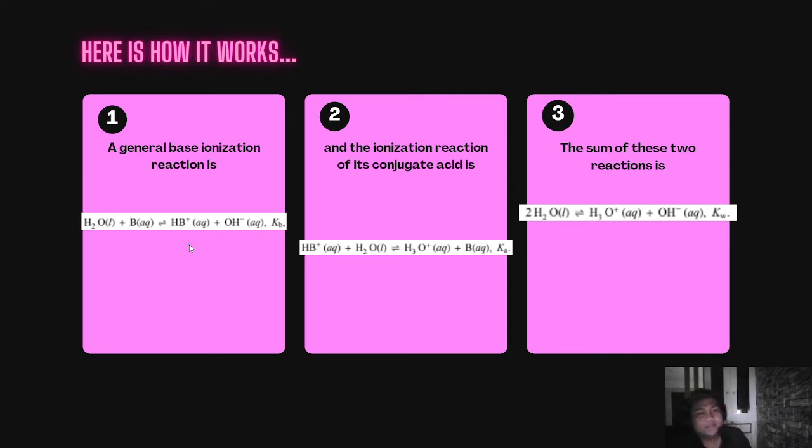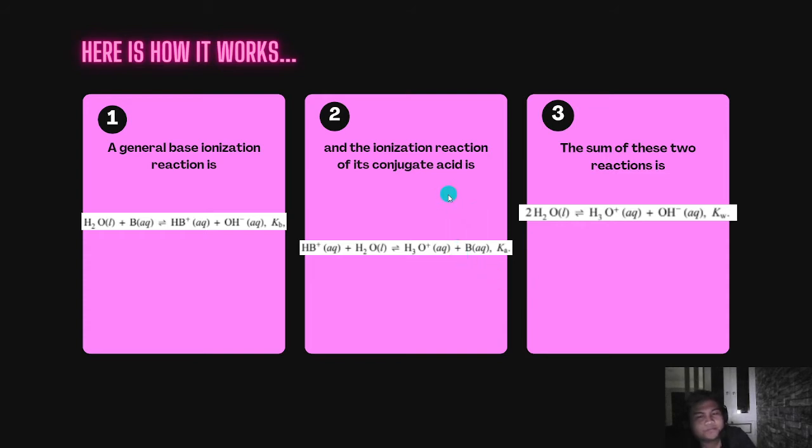Next is the ionization reaction of its conjugate acid: HB plus (aq) plus H2O gives H3O plus and B, Ka.